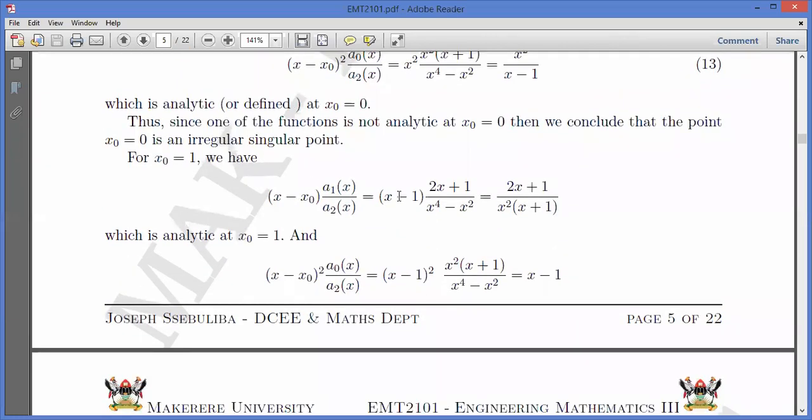Okay, so that is the part you see now here. The function, of course, by definition, this is it. But remember, I've told you now the x naught is 1. So that is the x minus 1 here, because our x naught is 1. Then the first one, when you substitute, you get this. Remember, our denominator is x squared into x minus 1, x plus 1. So the x minus 1 has cancelled.